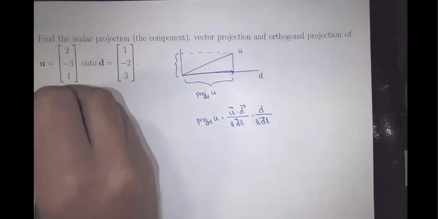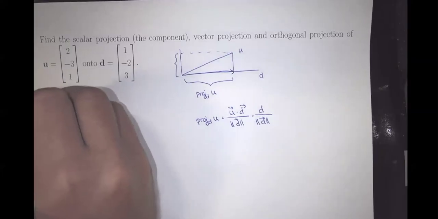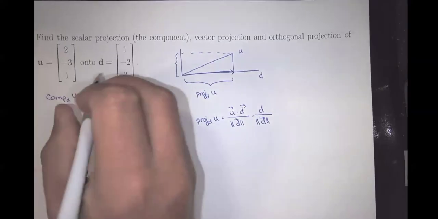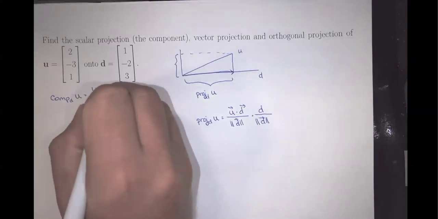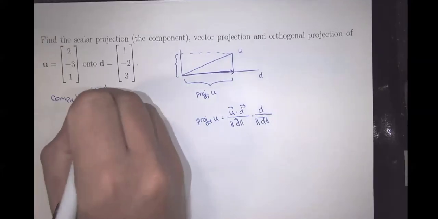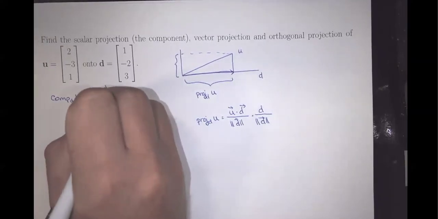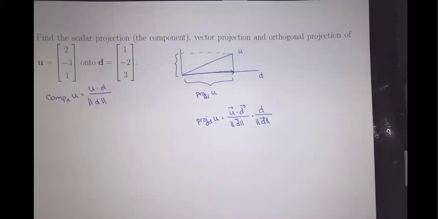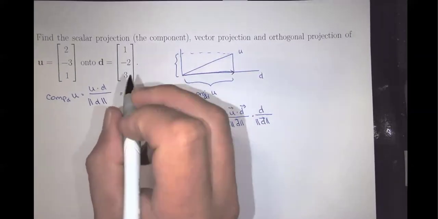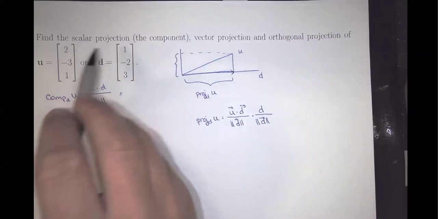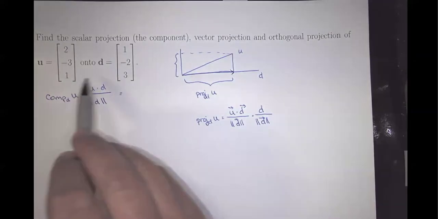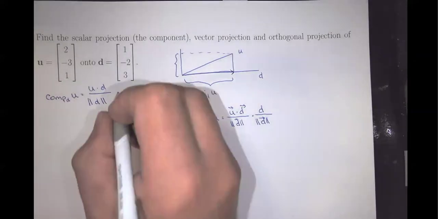scalar projection. So the component of U onto D is U dot D over length of D. So in this case, U dot D is 2 plus 6 is 8 plus 3 is 11.